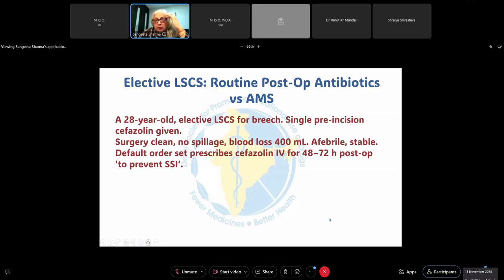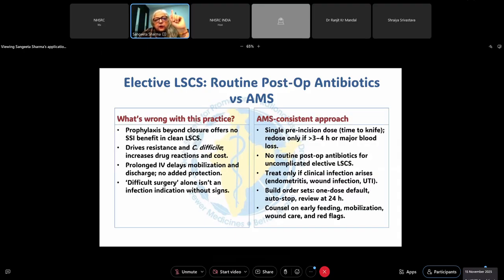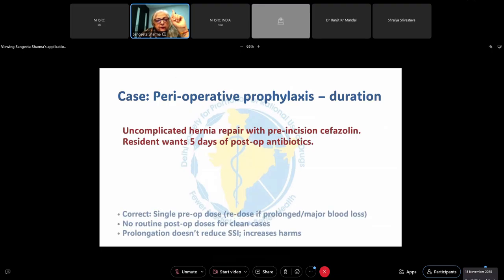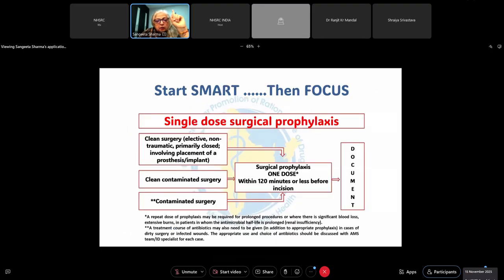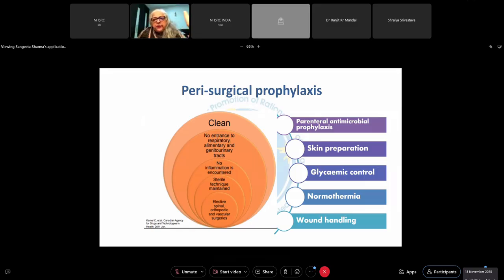LSCS, most of us are delivering mother and child services. Again, antibiotics are misused post operatively. You just need one single dose of antibiotic here. You don't need post operative antibiotics.